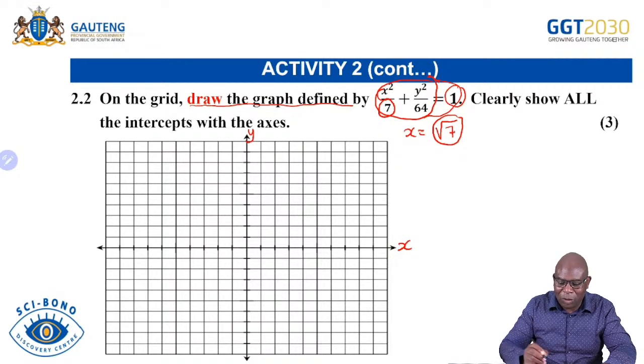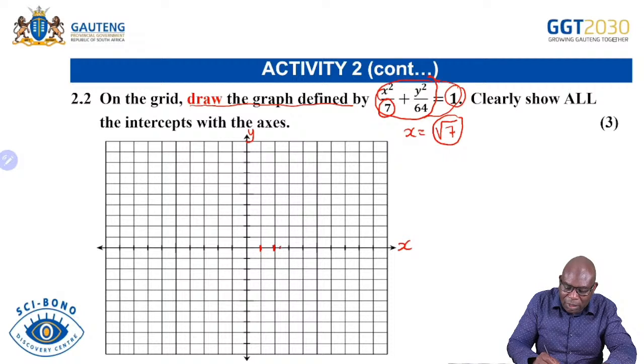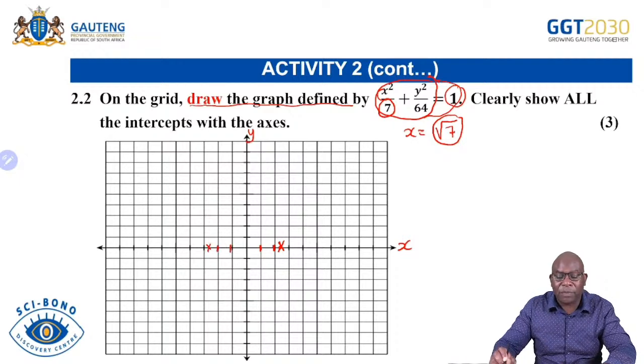Then I'm going to my sketch and I say, okay, this is 1, this is 2, 2 point something, then I can just have a point there. Then I go to my left also, I say this is 1, this is 2, 2.7, somewhere there. All right. So I already have my x values.